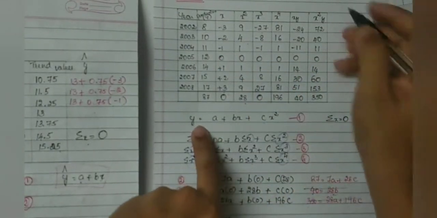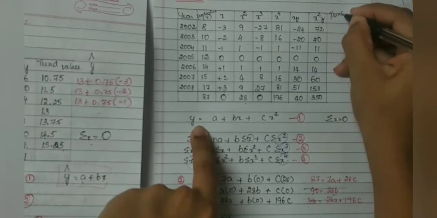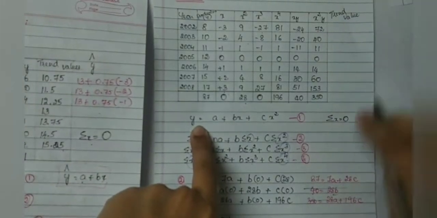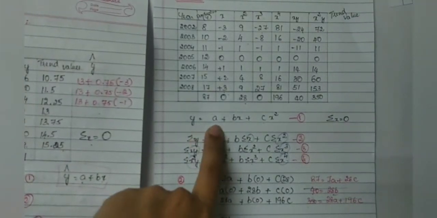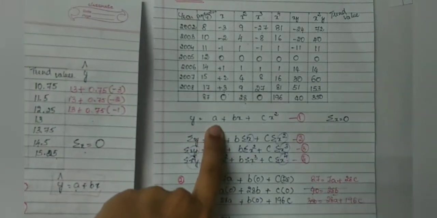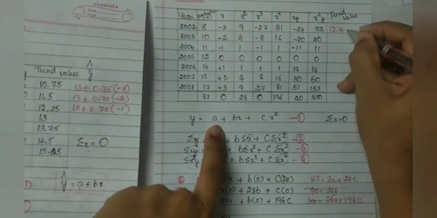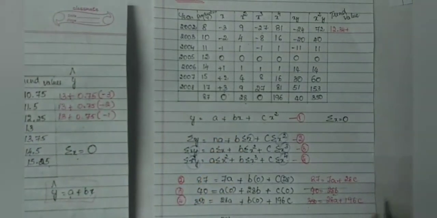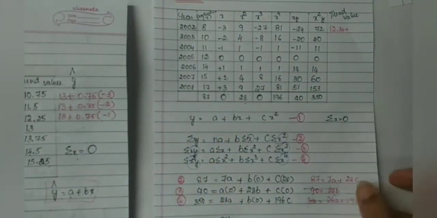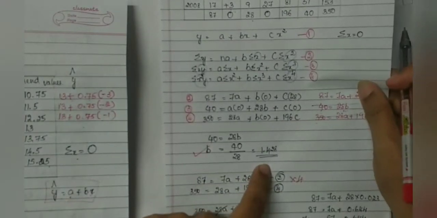So y will be here, another column will come, trend value. It is nothing but the value we found out, that is 12.34 plus b is 1.428.